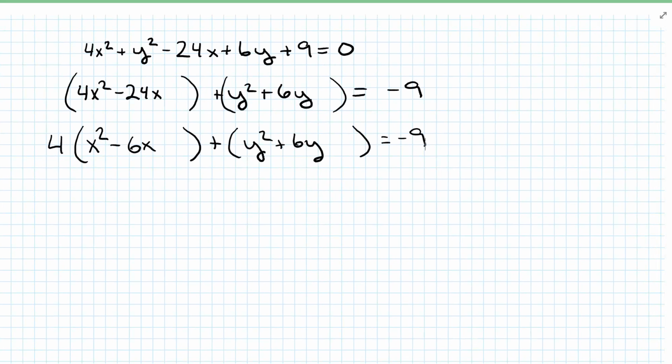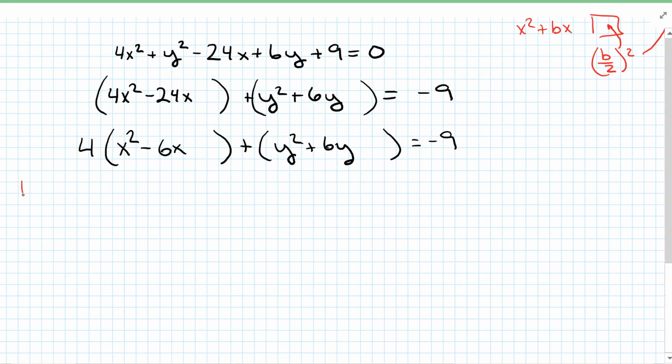How do we complete the square? If you remember, for x squared plus bx, to complete the square you take half of b, square it, and add it to both sides of the equation. Looking at x, what's our b value? For x, our b value is negative 6, so b over 2 is negative 3, and b over 2 squared is 9.